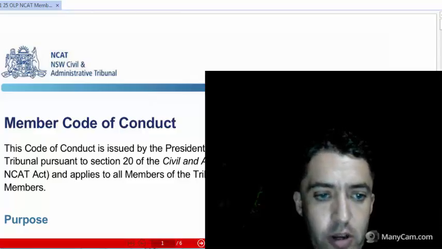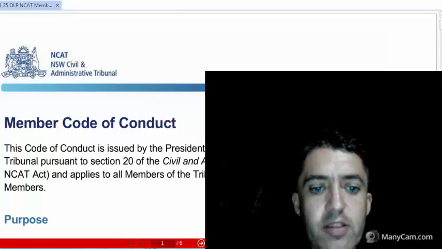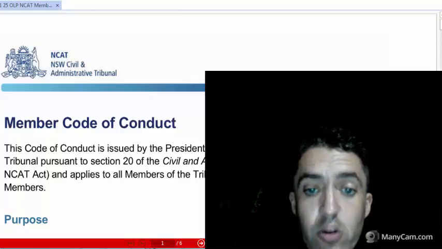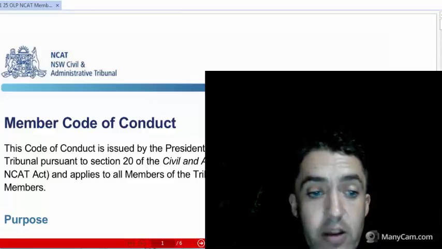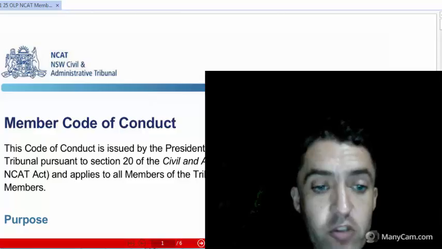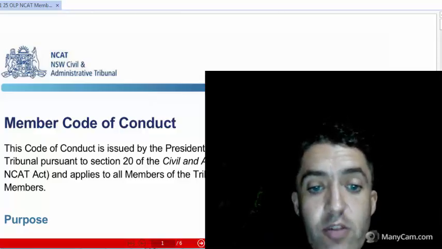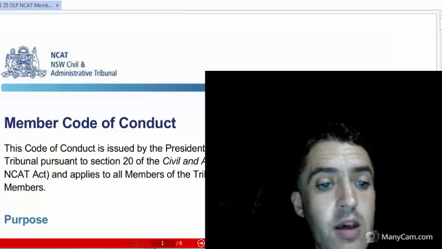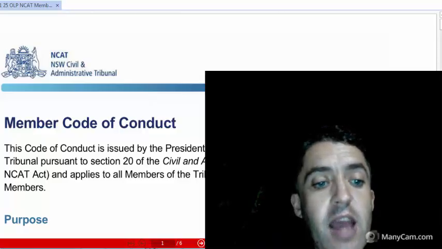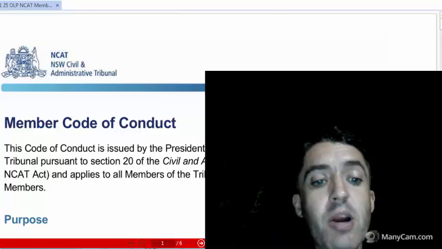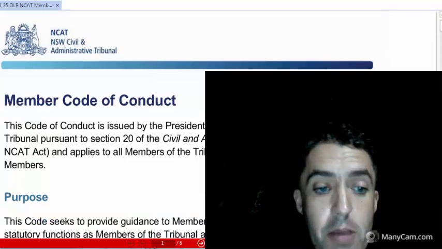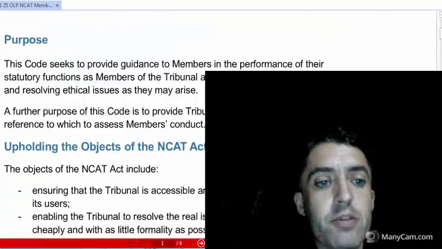Member Code of Conduct. This Code of Conduct is issued by the President of the New South Wales Civil and Administrative Tribunal, pursuant to Section 20 of the Civil and Administrative Tribunal Act 2013, in brackets, the NCAT Act, and applies to all members of the tribunal, including occasional members. Purpose.